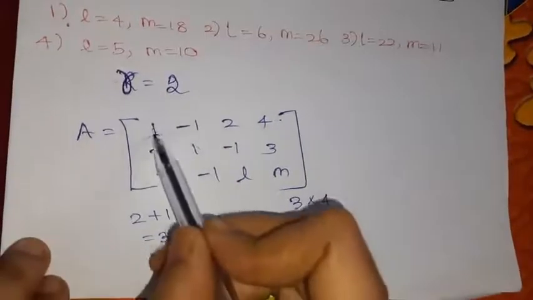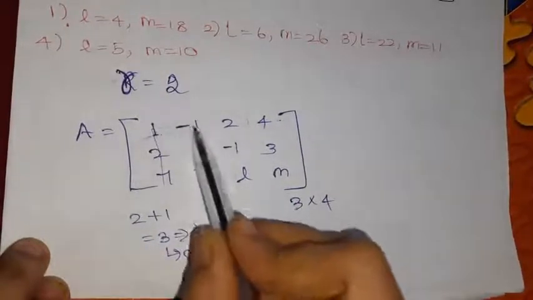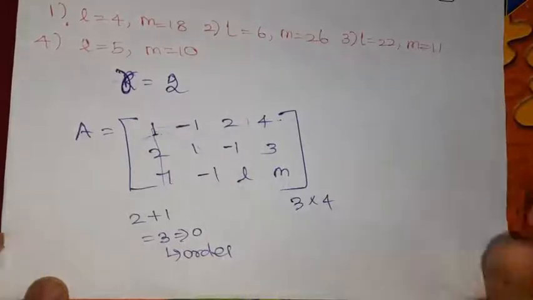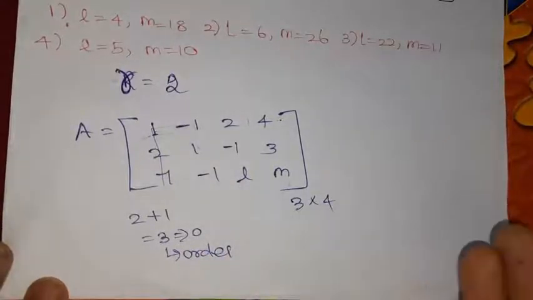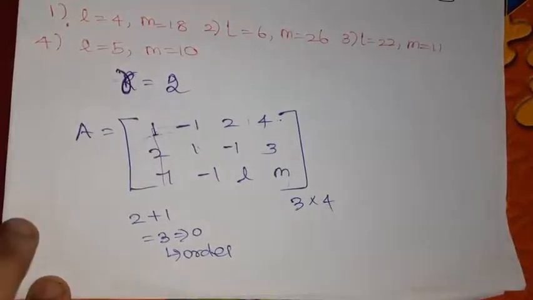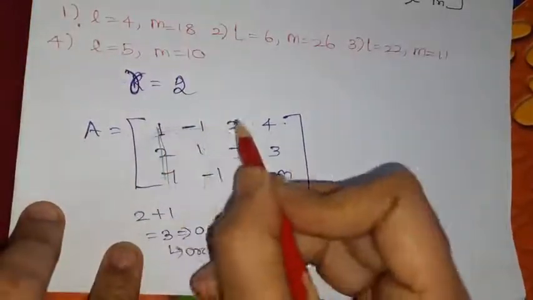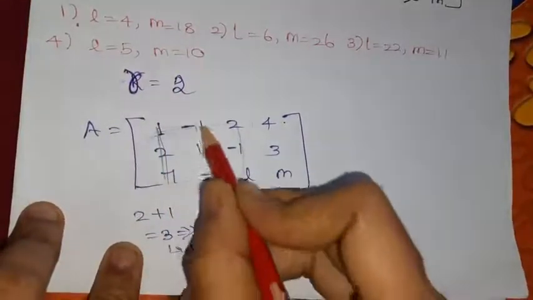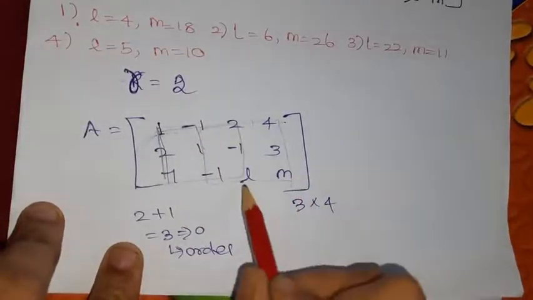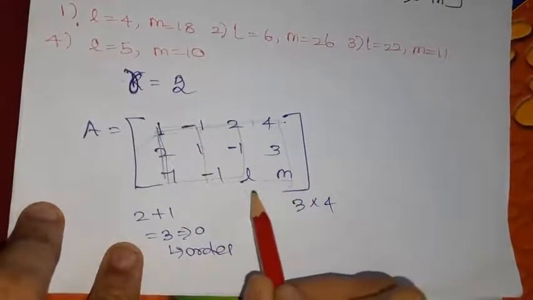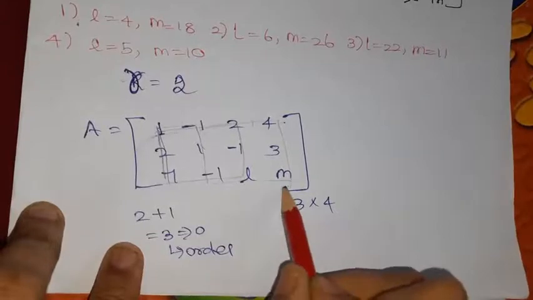So we can take any 3 cross 3 minor, take its determinant, and equate that to 0. Then we can find out the L and M values. We can take this 3 cross 3 or this 3 cross 3. Here L and M are in this one.